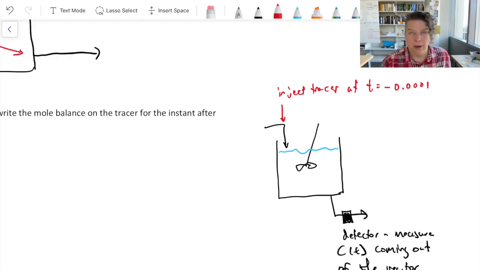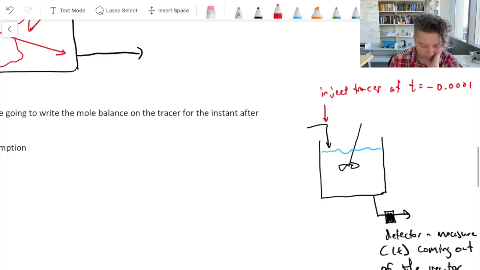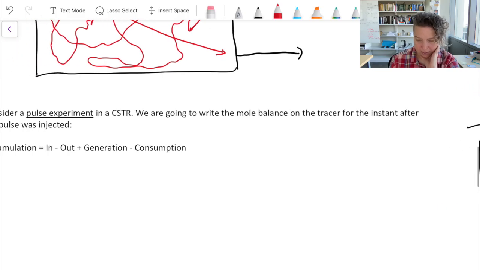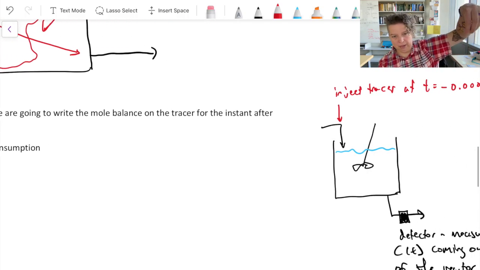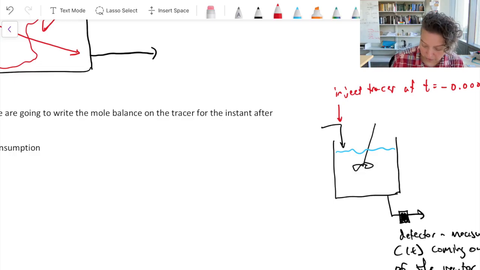So what I want to do is inject the tracer. I need to know how much tracer I injected, but I want to consider only the tracer coming out of my reactor, because this is a pulse experiment. I'm basically going to put that tracer into the reactor, and then measure it coming out, and that's going to tell me something about my residence time distribution.